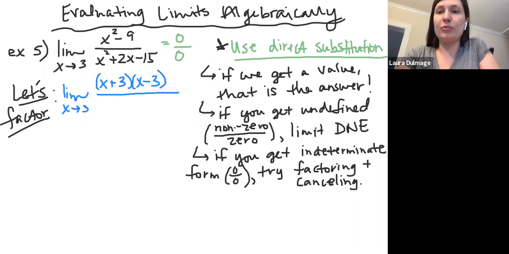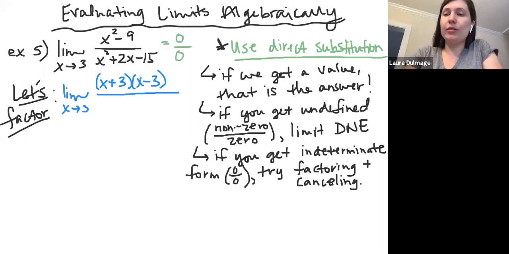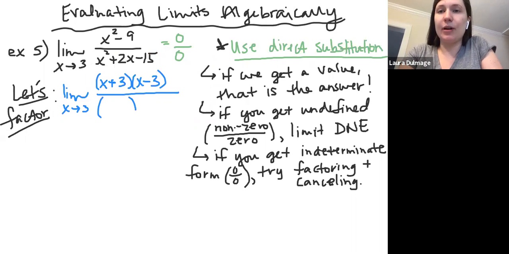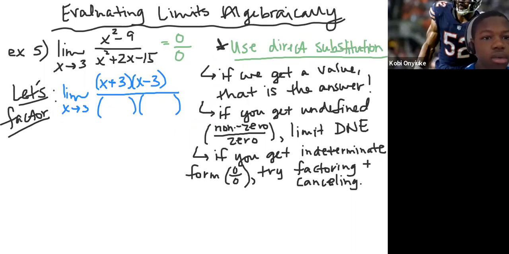Okay, so we've factored the numerator. Our denominator is a quadratic trinomial where a is 1. So we need two numbers that multiply to negative 15 that add to 2. So how is our denominator going to factor? 5 and -3.